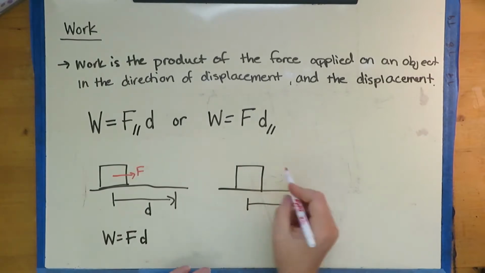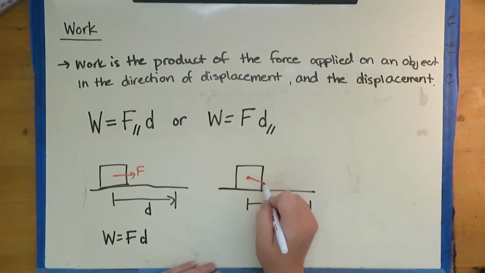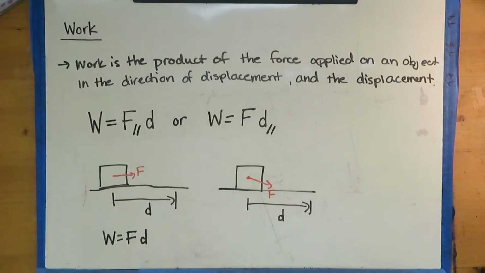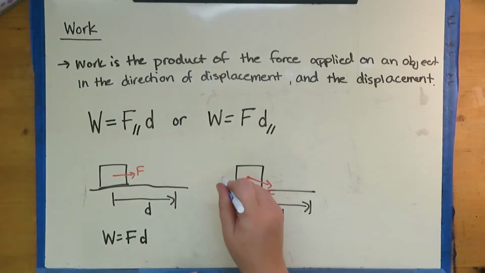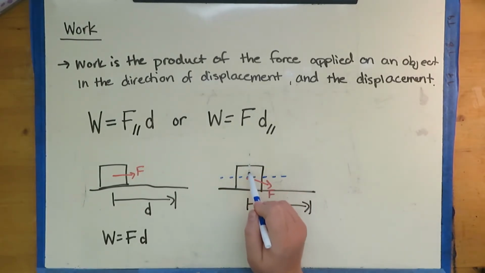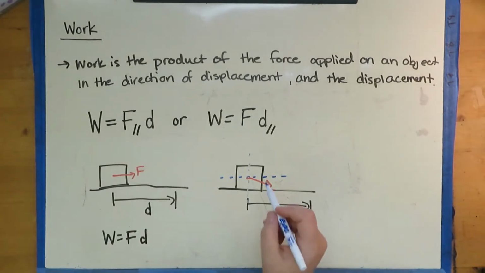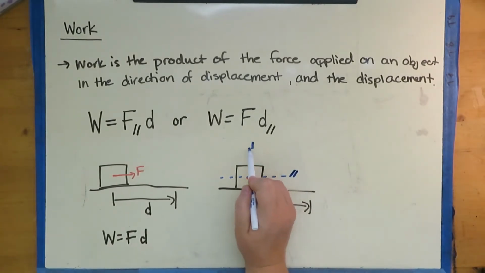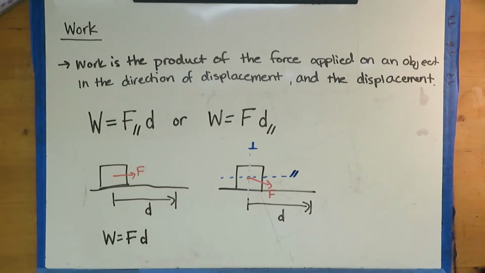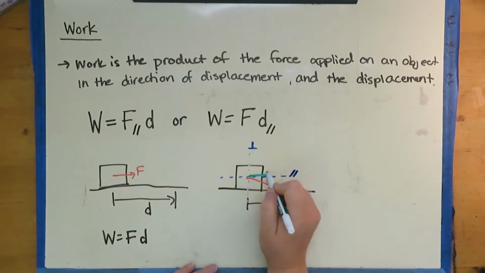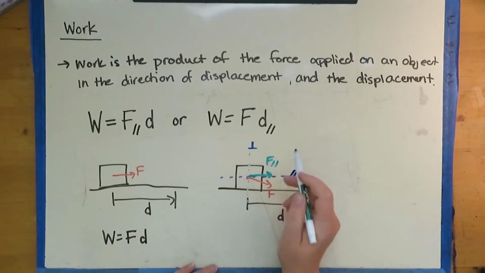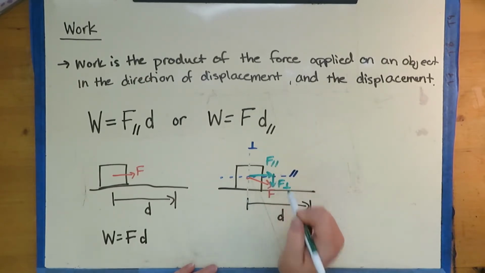So if I was to take that box and move it that same displacement D, but instead of pushing horizontally, I push down at an angle, then not all of my force is in the direction of displacement. So if I were to resolve my force into a component that is parallel to the displacement and a force that is perpendicular to the displacement, I can have an F parallel and an F perpendicular.